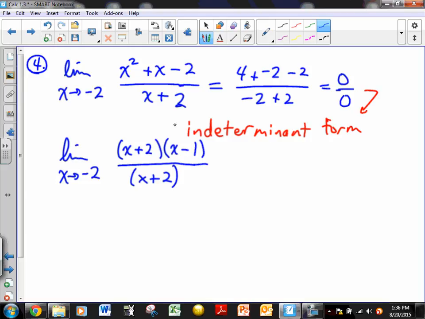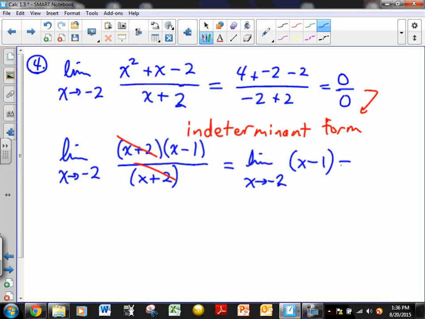Okay, so now what I've got here, I end up with a pair of factors that can cancel out. I can divide these factors out. At this point, I can divide that out. And now I end up with, well, the limit as x approaches -2 of just this function, x minus 1.